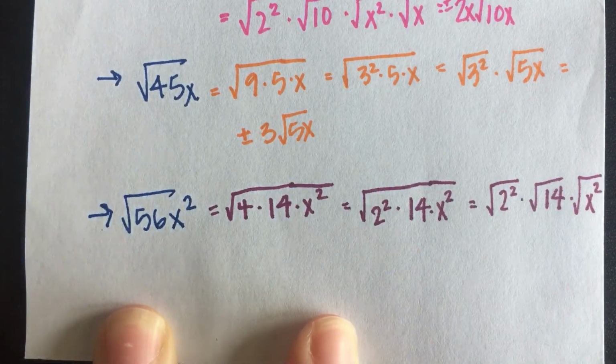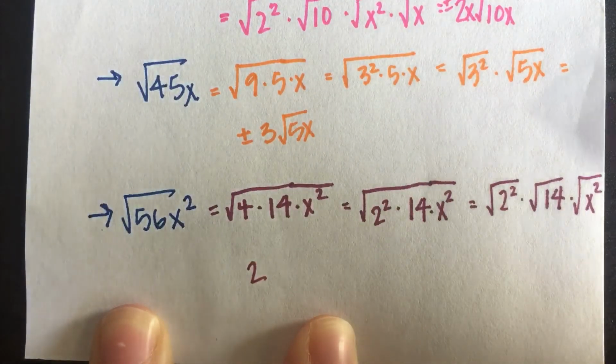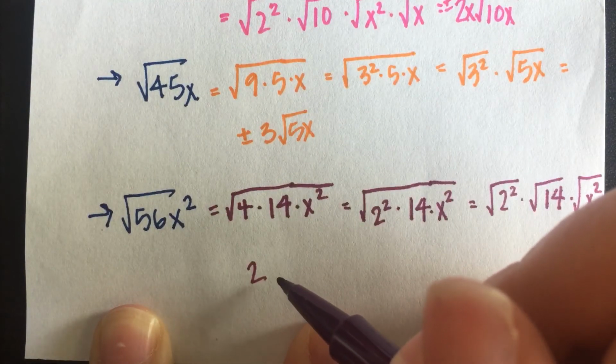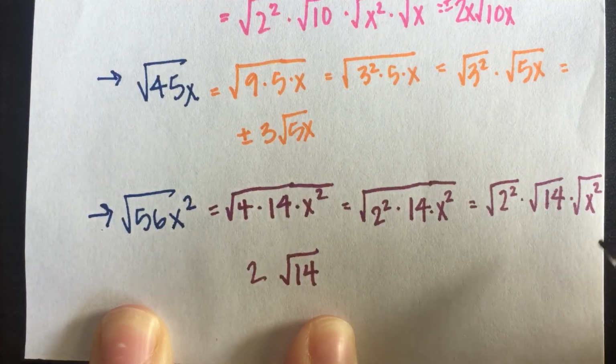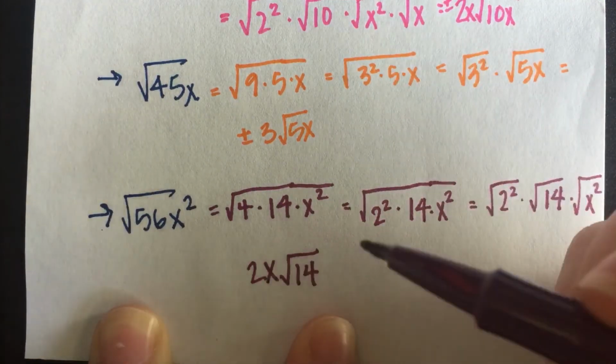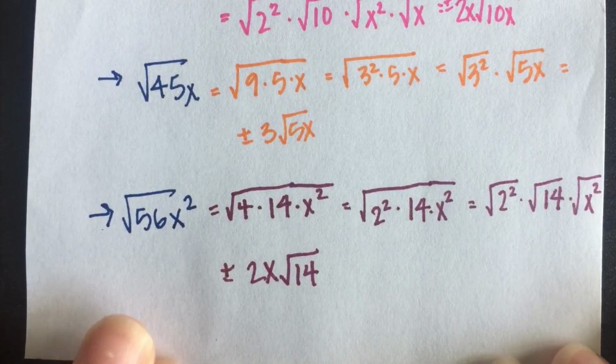And the square root of 2 squared is just 2. We can't take the square root of 14 any further, so we're going to leave the square root of 14 underneath the house, underneath that radicand. And then this square root of x squared is x. And don't forget your plus minus out to the side. And then these have been simplified.